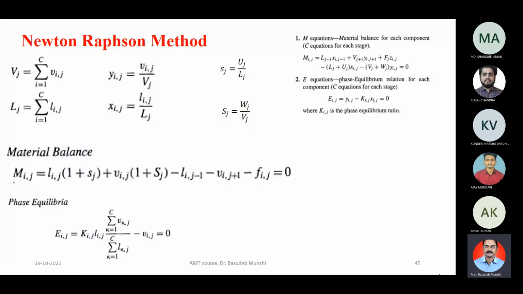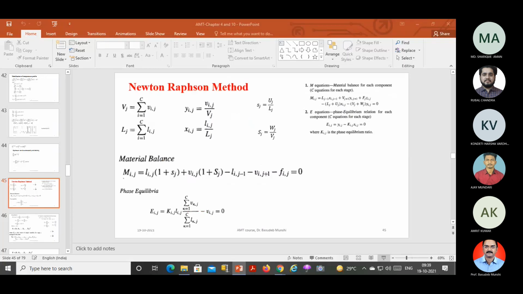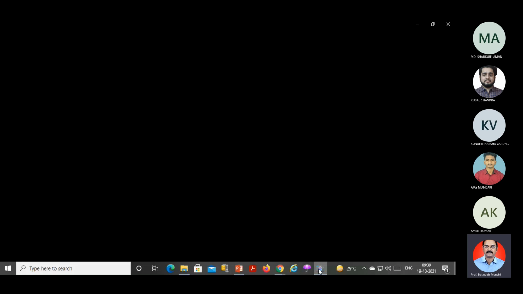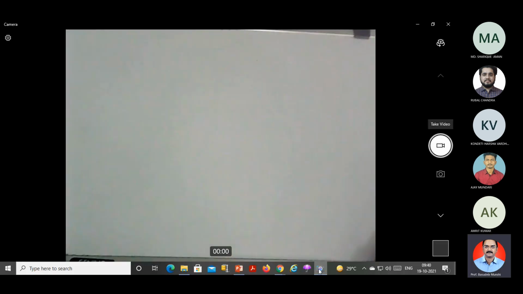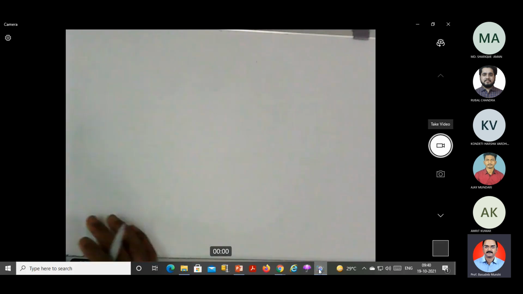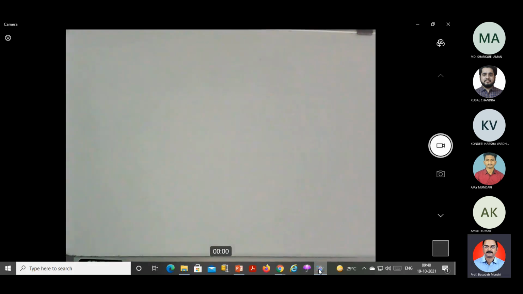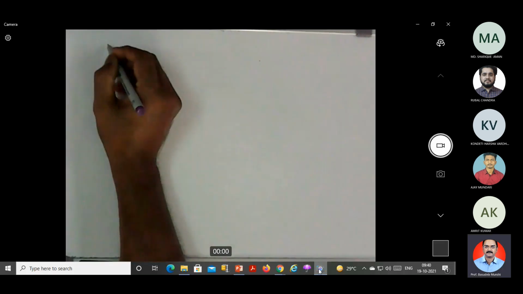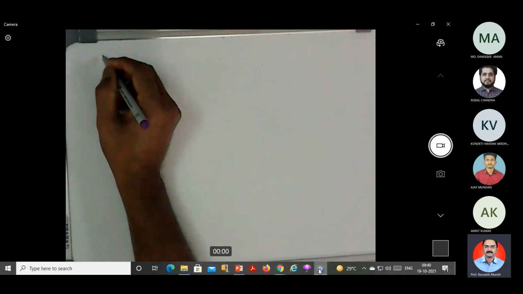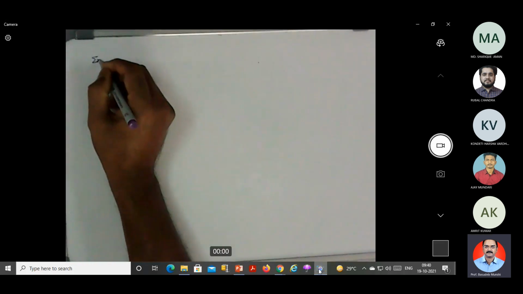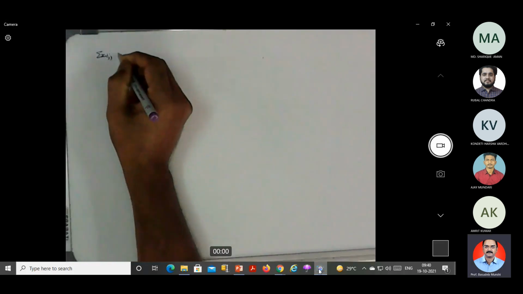Now, if we look at the sum equation, then from that sum equation we can write. Let me show you. Here we have sigma, the sum of the mole fractions of the liquid phase equal to 1.